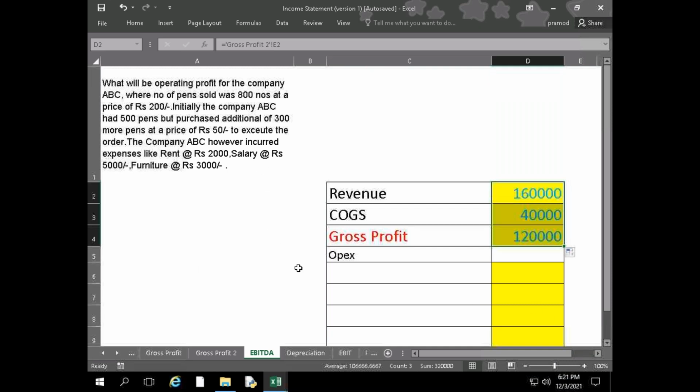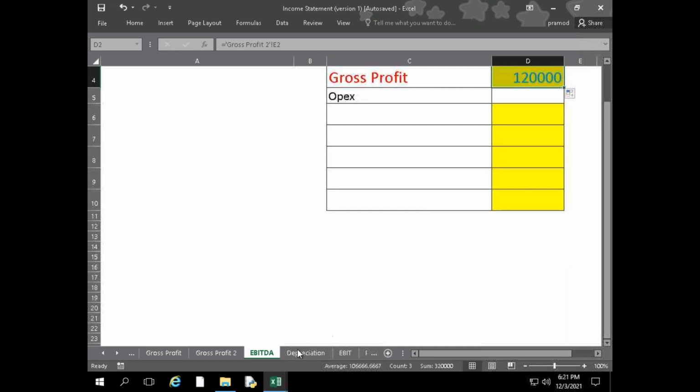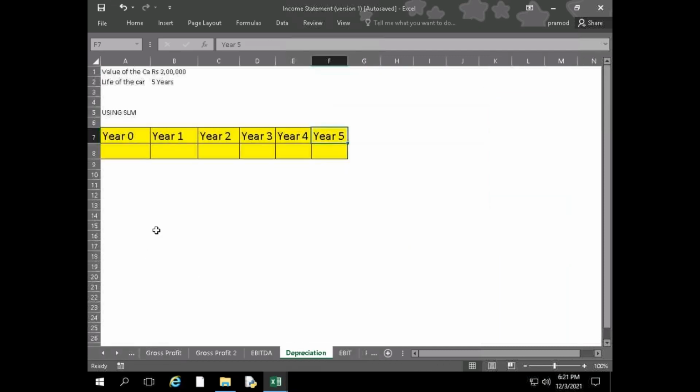Now you need to find out the OPEX. You will find out all the operating expenditures you have. Your incurred operating expenditures are rent, salary, and furniture. That data you should give. Again, in the depreciation, you should depreciate the value over 5 years. In the depreciation, you type equals 2 lakh divided by 5.